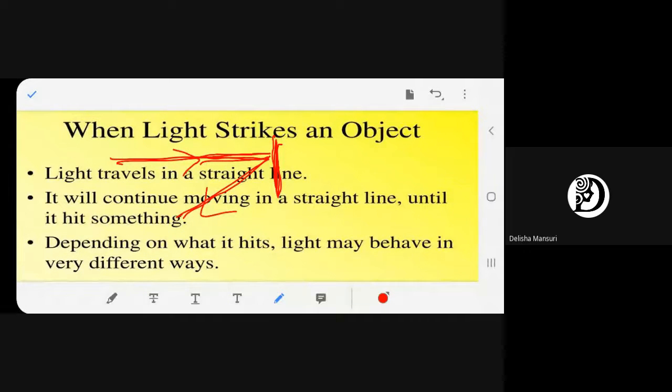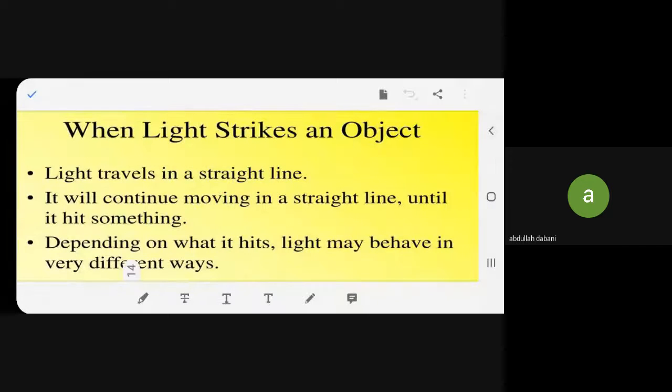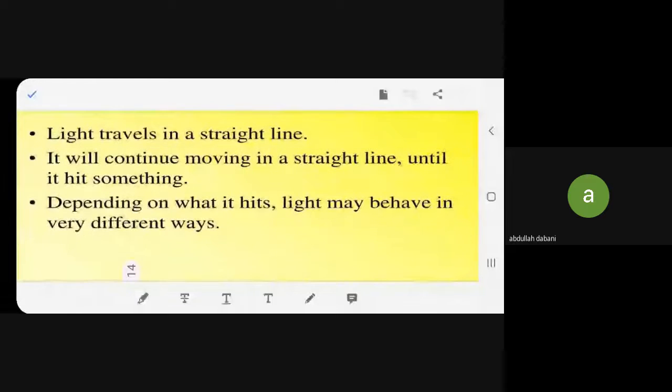Didn't I teach you? So if it is hit by something, will it continue in a straight line? No, it will be reflected. Are you understanding what I'm saying? Now, the last one: what it hits. Light can behave in a different manner.